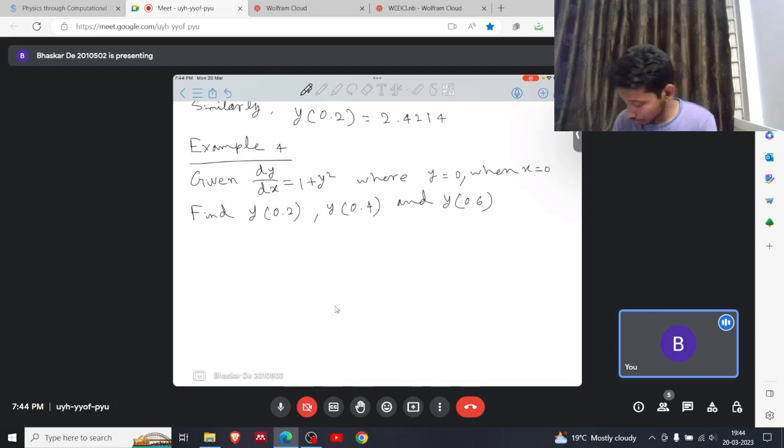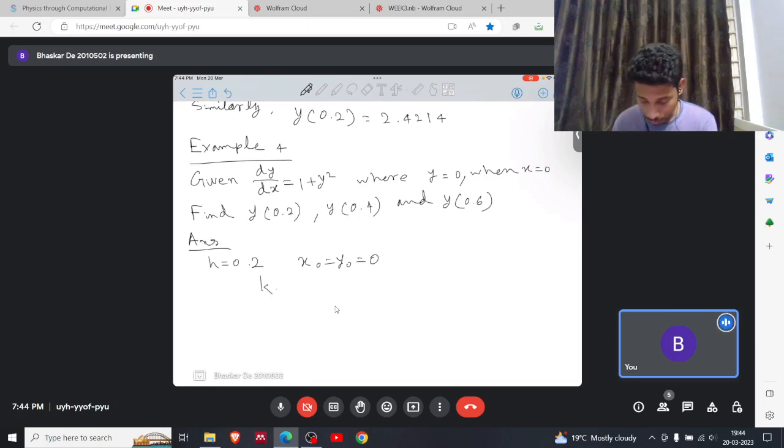So here we take h equal to 0.2, x naught equal to 0, y naught equal to 0.